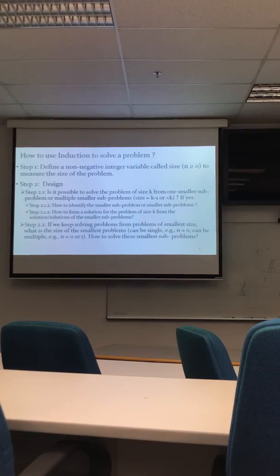Okay. So this is the first part of the second step. Then the second part of the second step: since we are going to solve the bigger problem from smaller problems, we will go all the way down. So eventually we will reach the smallest problem that cannot be divided anymore, right?